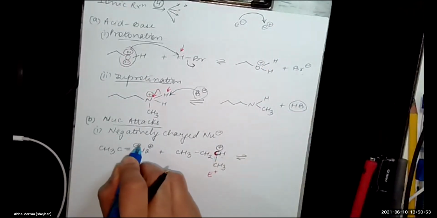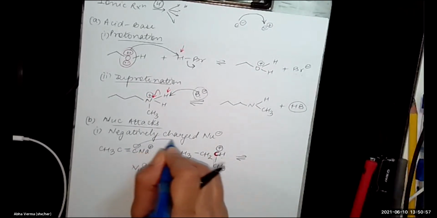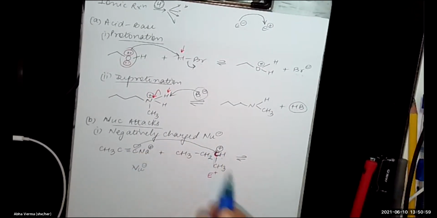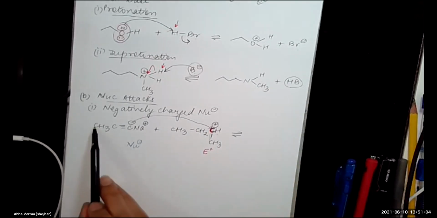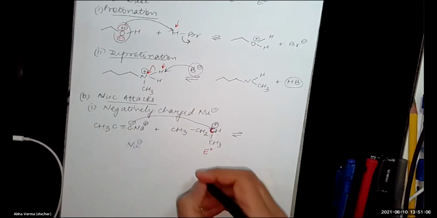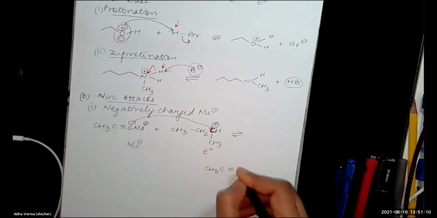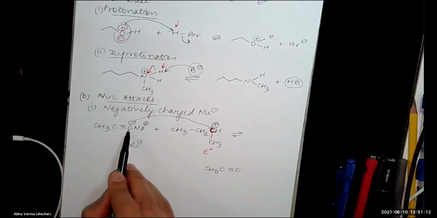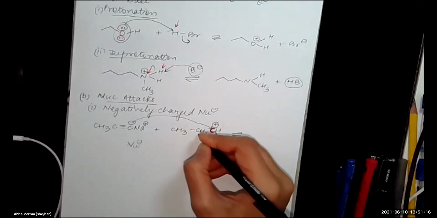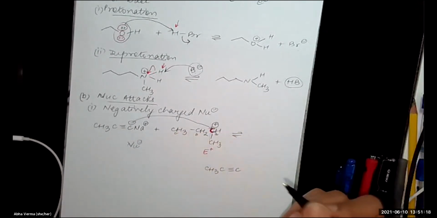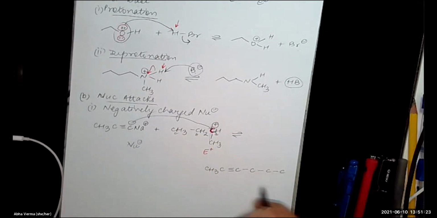You will attack the electron rich to this electron poor carbon. And I'm going to draw my product. I will write all of these 3 carbons right here: CH3, C triple bond C. And what else do I need to make? I need to attach this carbon, A, B, C.